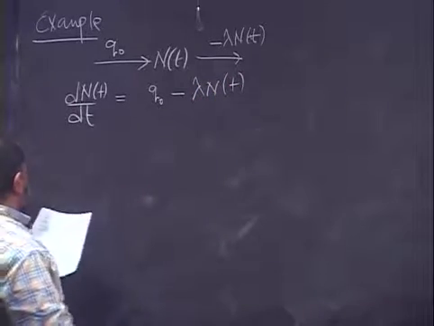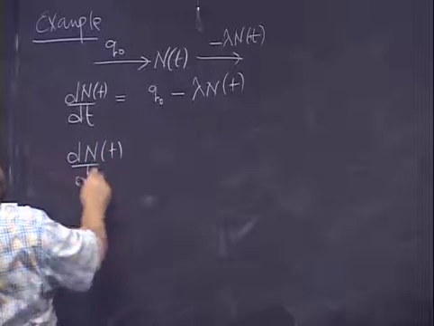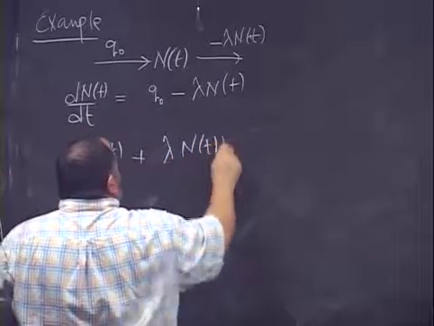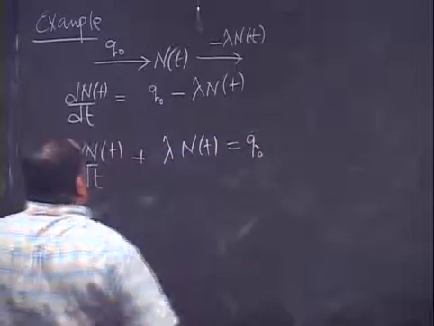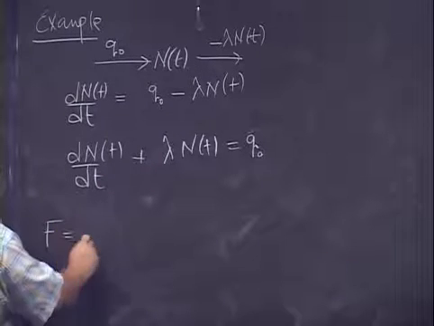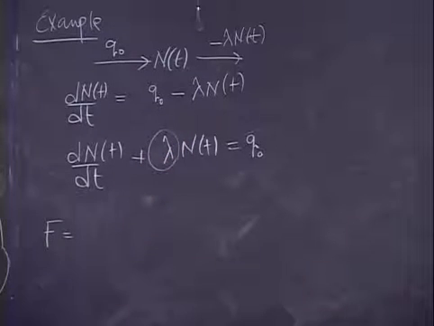So if you rearrange this equation, this will give you dN of t by dt plus lambda N of t equal to Q naught, a constant. So what's the function f here? This is the p of x. Yes?